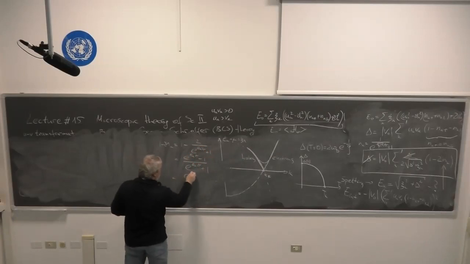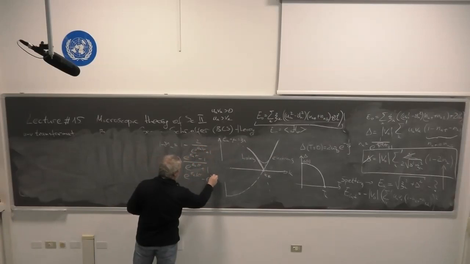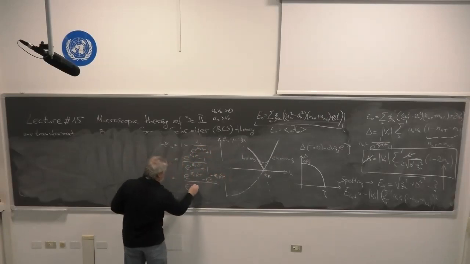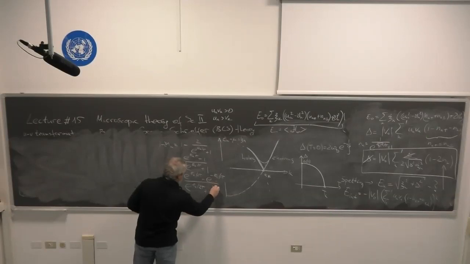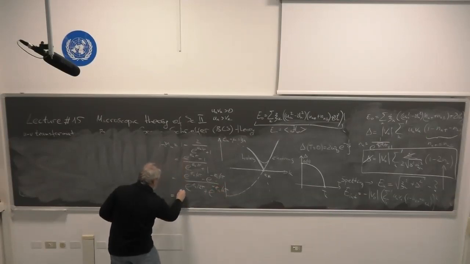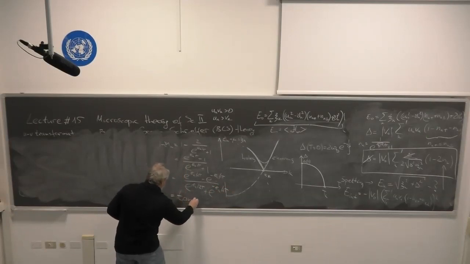This is e to the power ε_k over 2 temperature minus e to the power minus ε_k over 2 temperature divided by e to the ε_k over 2 temperature plus e to the power minus ε_k over 2 temperature. So this is tanh of ε_k over 2 temperature.